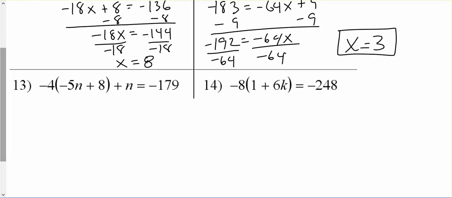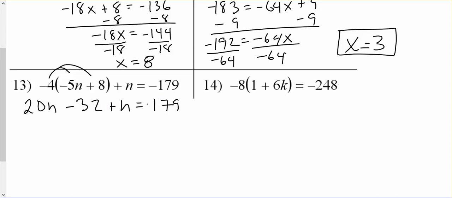Our next one, need to distribute. Negative 4 and negative 5 make 20n. Negative 4 times 8 makes negative 32 plus n equals negative 179. We're going to combine our like terms. 20n and n make 21n minus 32 equals negative 179.